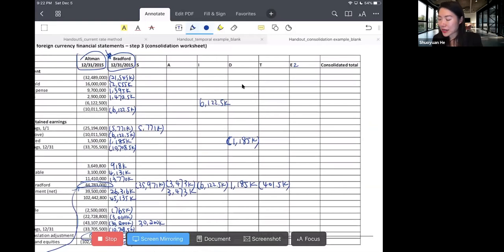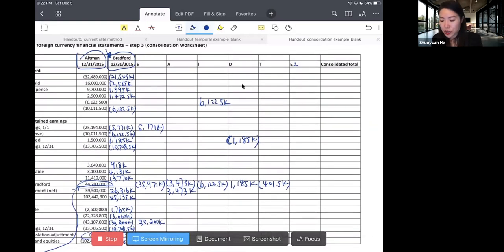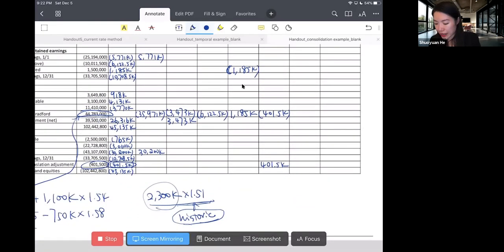And then finally, consolidation entry E2. For E2, the difference between fair and book value is 2.3 million. We multiply it by the difference between the current rate at the end of the year 2015, which is 1.53, and the historic rate, when this subsidiary was first acquired.